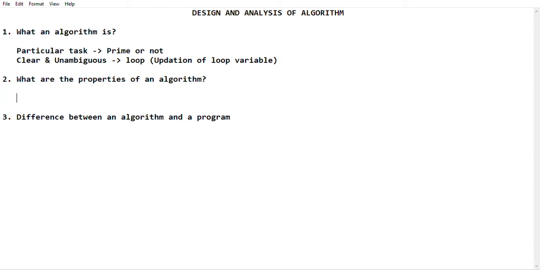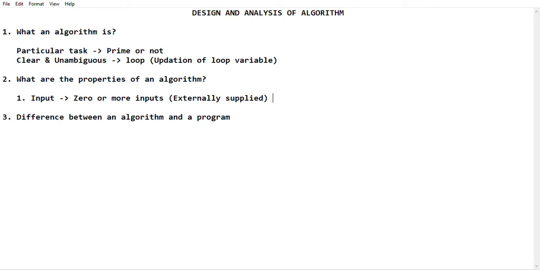Now what are the properties of an algorithm? There are mainly 5 properties of an algorithm. Number 1 is input. An algorithm should have 0 or more inputs which are externally supplied.